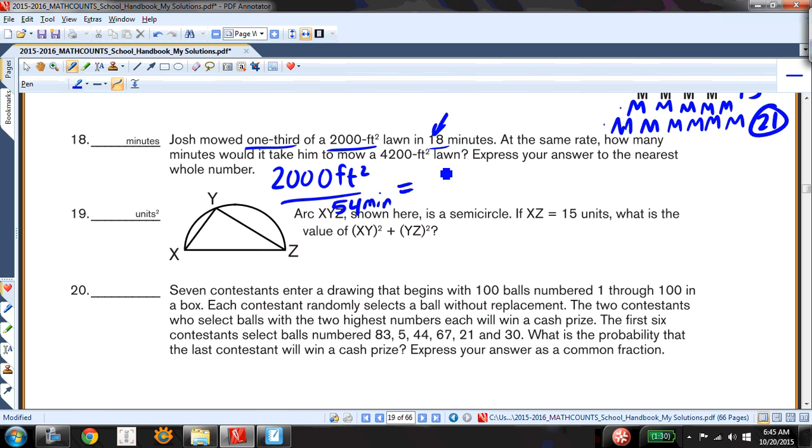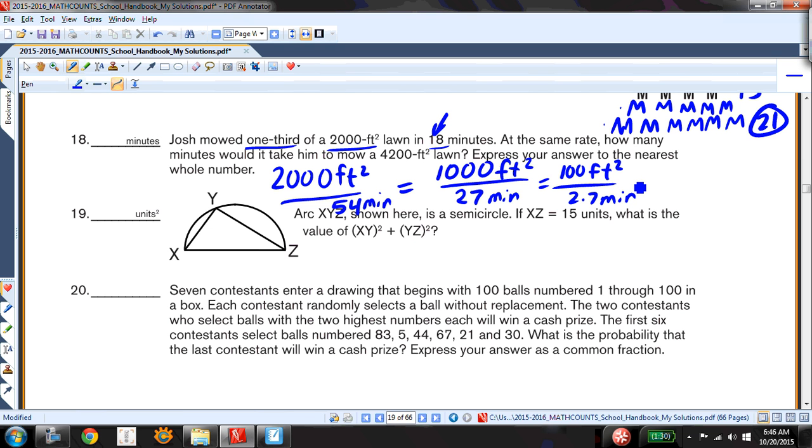I can further simplify this, say that he does 1,000 square feet in half that time, which is going to be 27 minutes. And I can further say that he does 100 square feet in 2.7 minutes, dividing both the numerator and the denominator by 10.